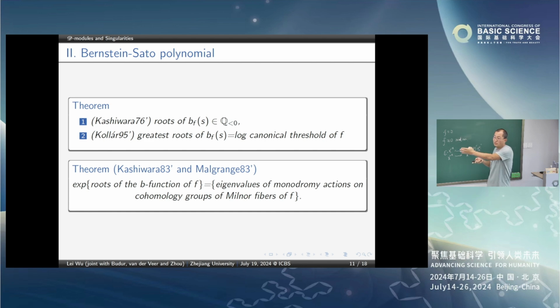Firstly, the threshold point can also be interpreted by using the change of variables formula. Oh yeah, combining this and this, it implies the monodromy eigenvalues are roots of unity. Makes sense. But it does not imply the converse.